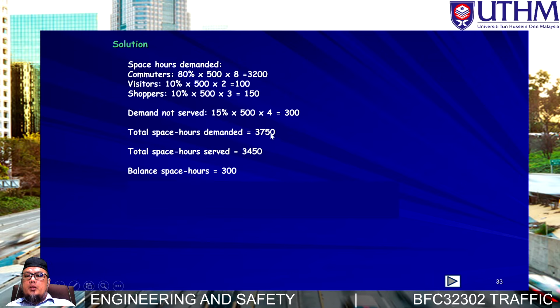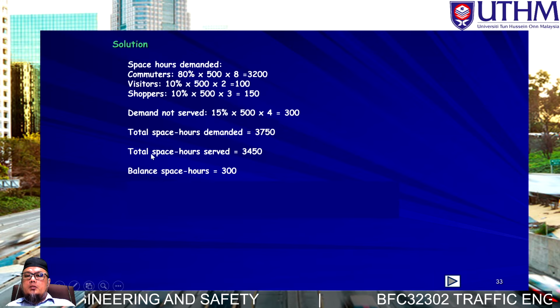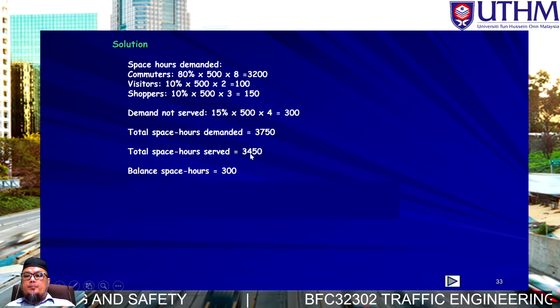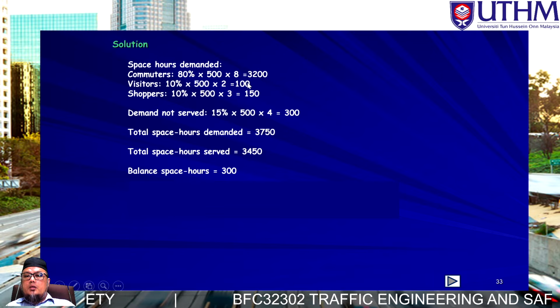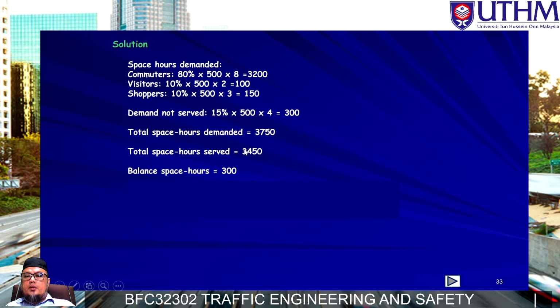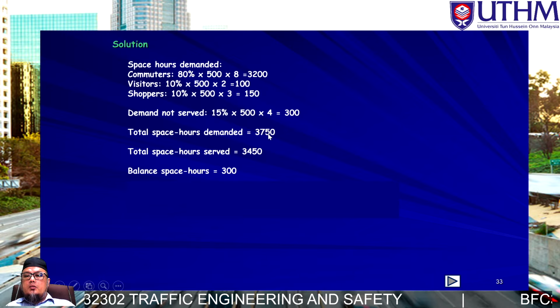So this is the demand from the parkers, but the space served is only this number, where we add 3,100, 200, and 150. So we just have served 3,450. This one is the demand, so the balance not served is 300.